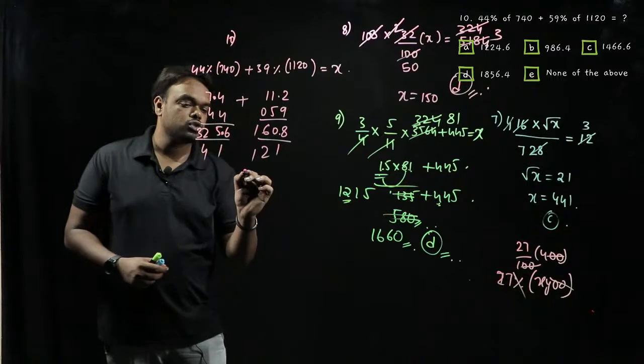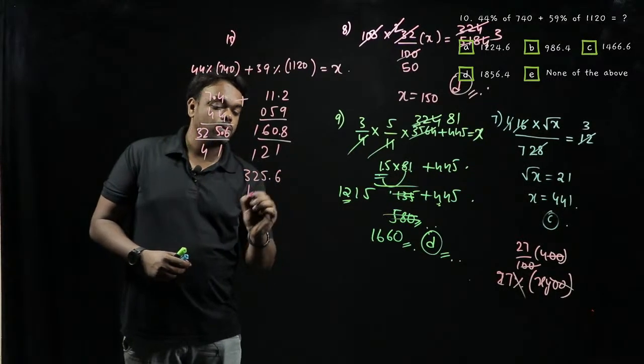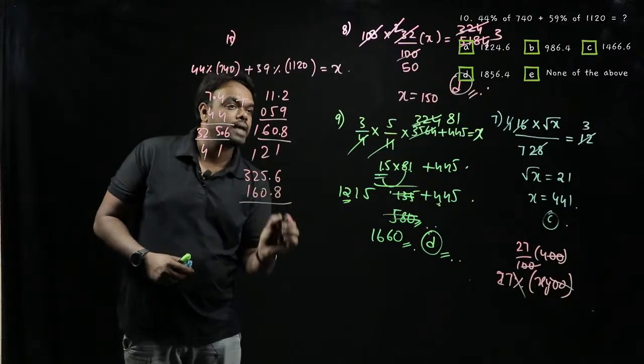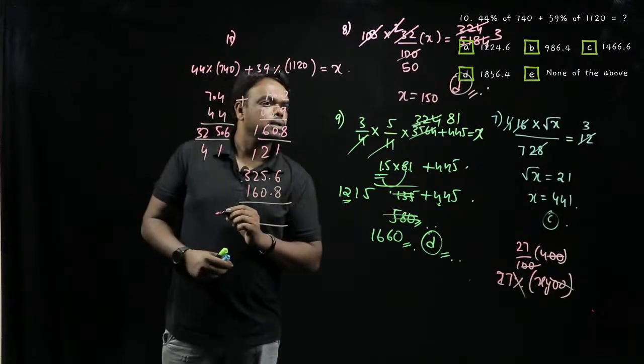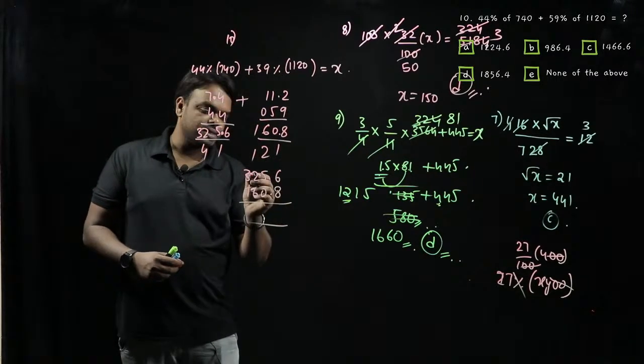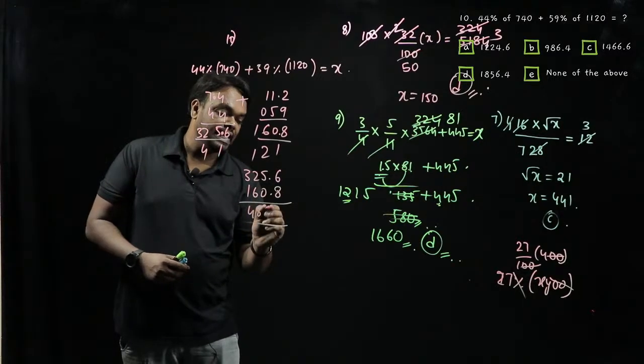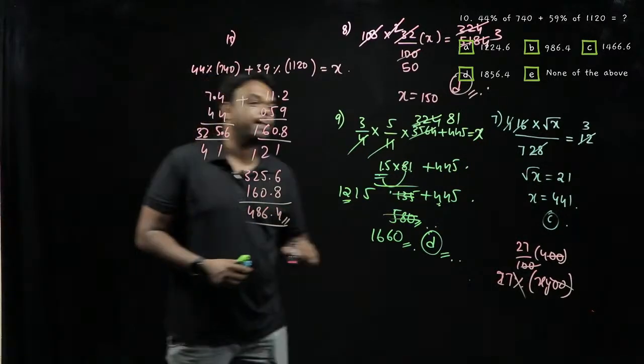160.8. So final answer 325.6 plus 160.8, ऑप्शन नहीं लग रहा है मुझे, ऑप्शन नहीं दिख रहा है। Let's see once again. So this is 300, 485, 486.4 आना चाहिए आपको। है क्या ऑप्शंस?